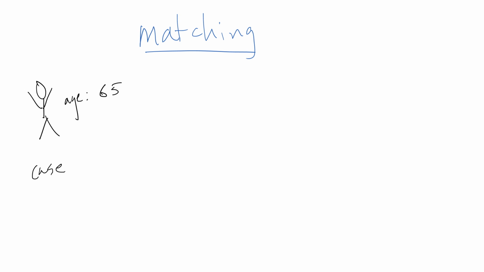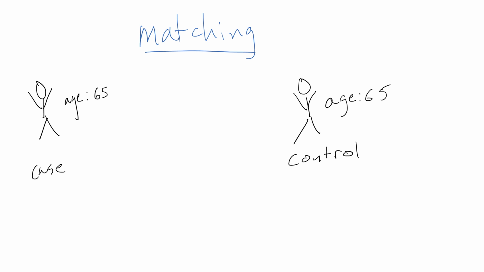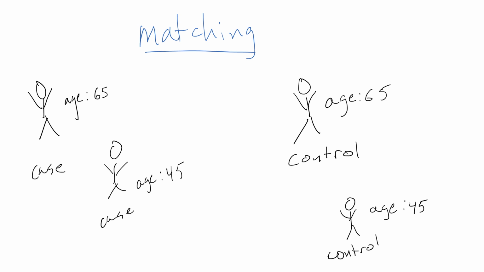When we recruit a case into the study, we take a look at their age. Then we find a control, someone without the disease outcome, who is the same age as our case. We repeat this process for everyone in the study. At the end, we have a case sample and a control sample that's equal on age, which allows us to rule out age as a potential confounder of any differences in exposure that we see between our outcome groups.